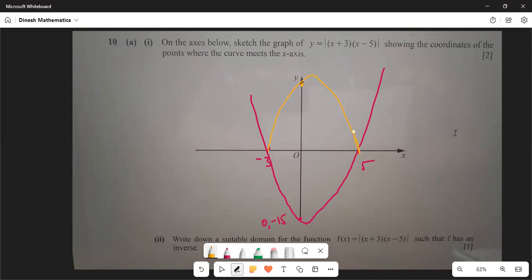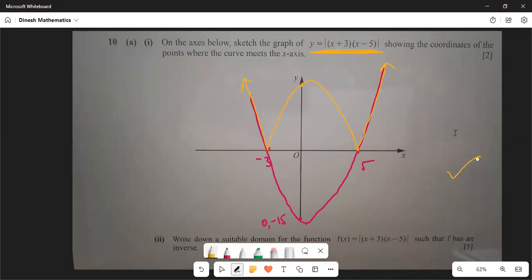Okay, let me redraw it. It should be as smooth as possible, like this, going slightly up and going down. And if I just continue drawing this, they should continue going this way. The yellow graph here is the graph of y equals mod (x + 3)(x - 5). Okay, the first part is done.